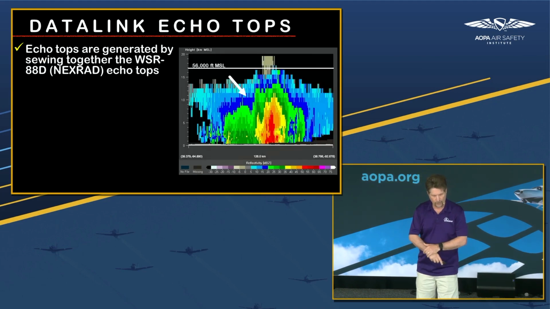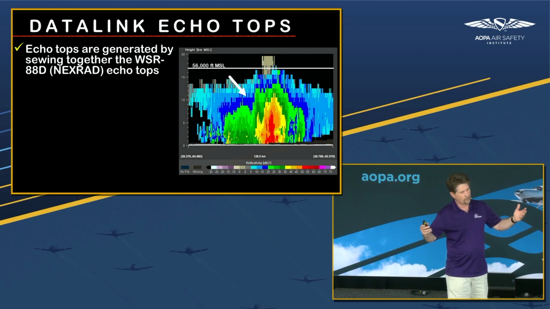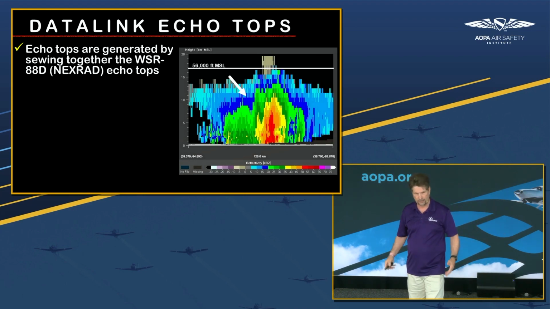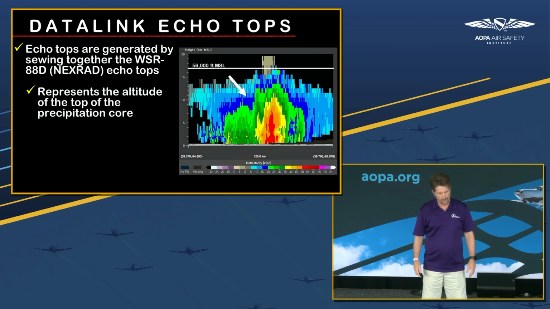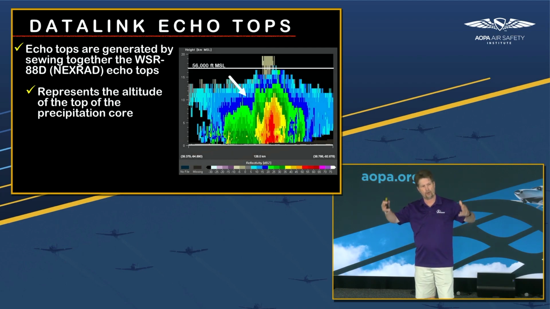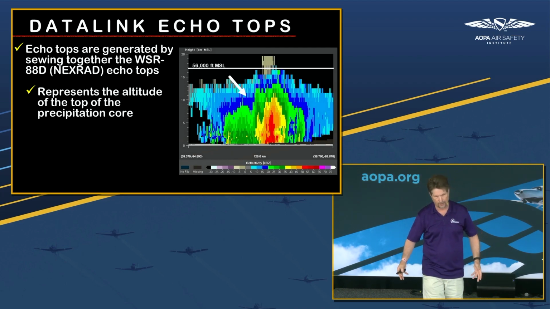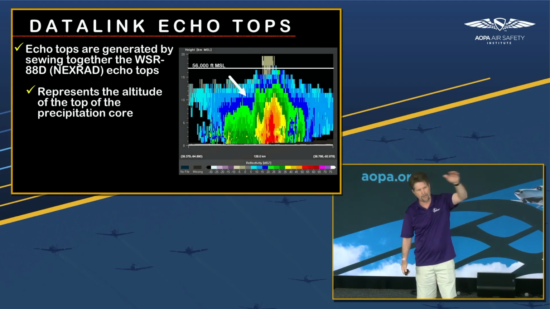So EchoTops are generally generated by essentially getting the information from the NEXRAD WSR-88D Doppler radars. And essentially what they're looking for here is the top of the precipitation core. Every thunderstorm or every convective element has essentially a precipitation core in it. Where is the top of that core?